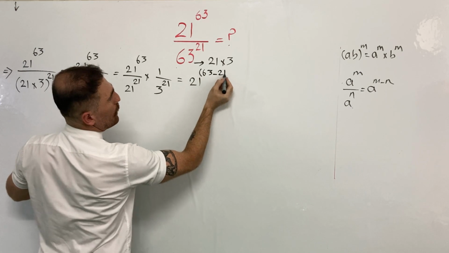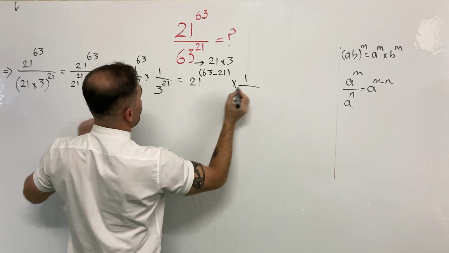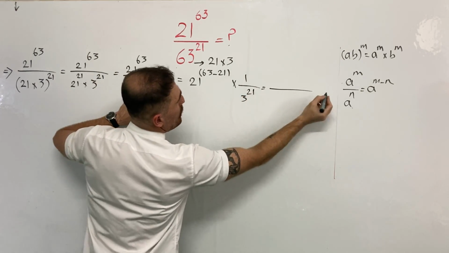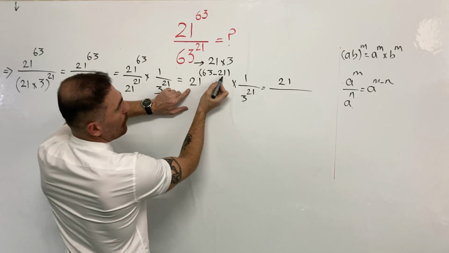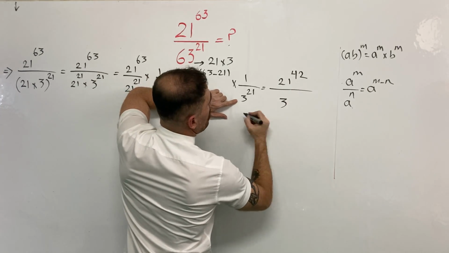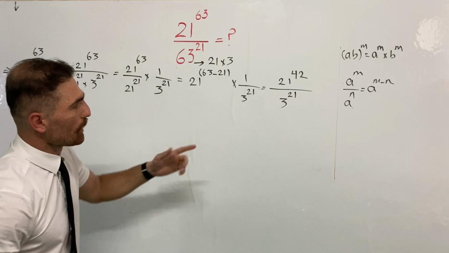This is the first fraction, times 1 over 3 to the power of 21. So on top we have 21 to the power of 63 minus 21, which is 42, over 3 to the power of 21.